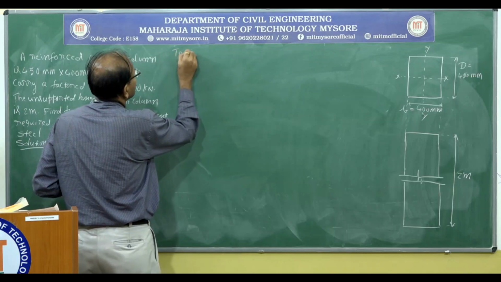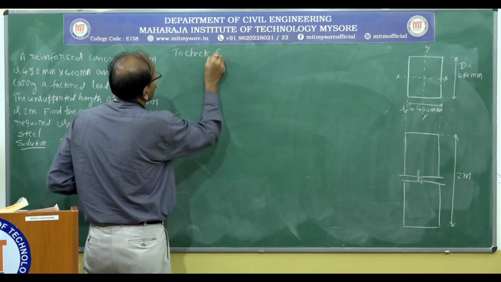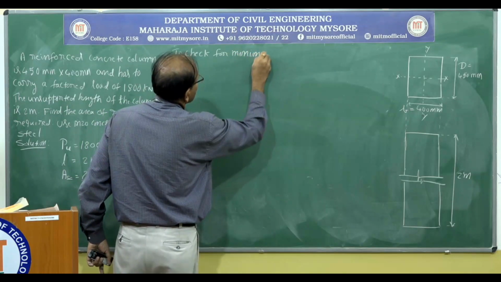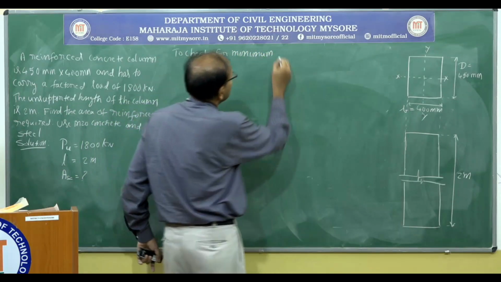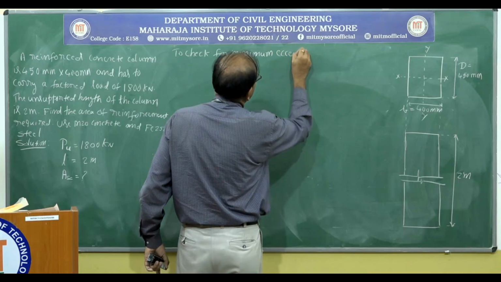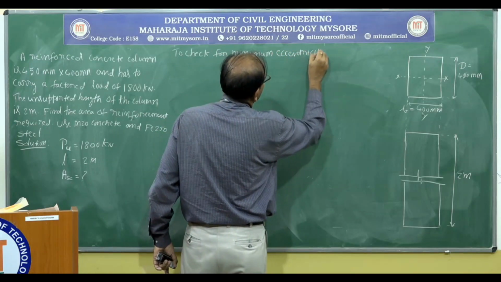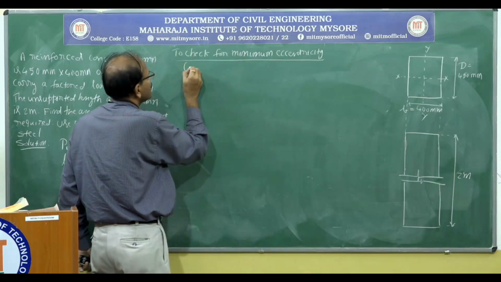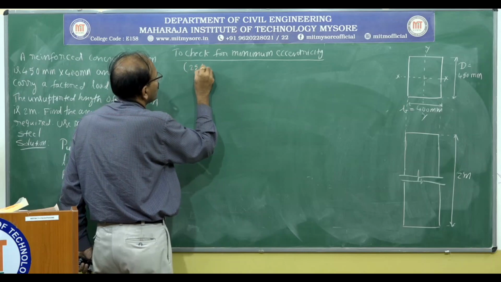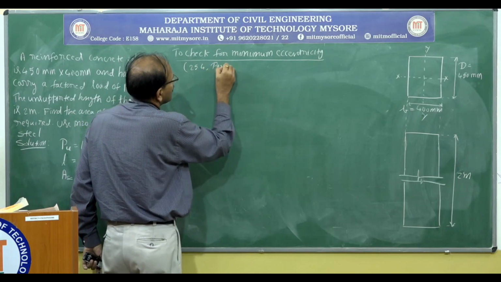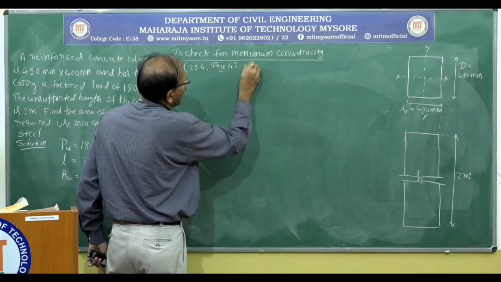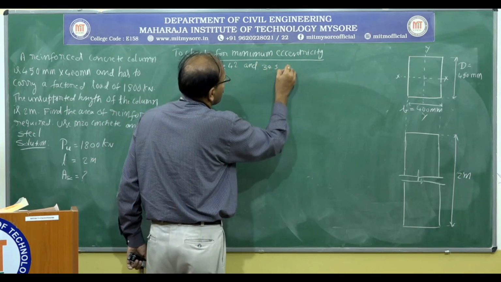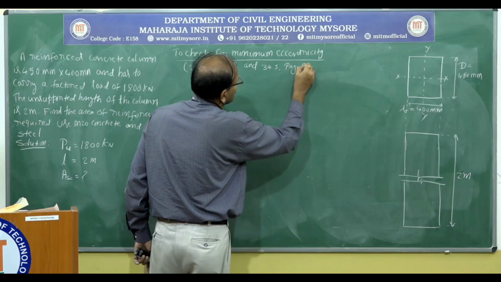To check for minimum eccentricity, I am going to make use of two parts of the code: 25.4 on page 42 and 39.3 on page 71.